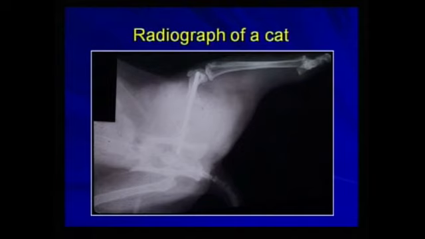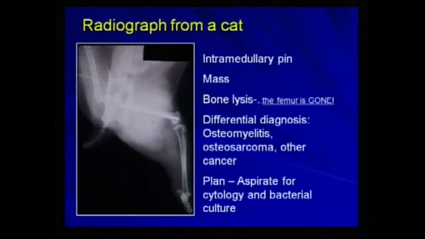Several months to a year later, it comes back, and you can see that the bone disappears from here to here. There's basically no femur left. There is a large mass lesion, mid-shaft diaphysis of the femur. Okay, so there's lysis of the bone.